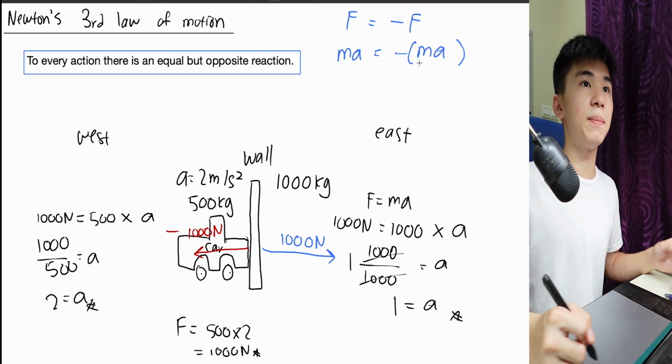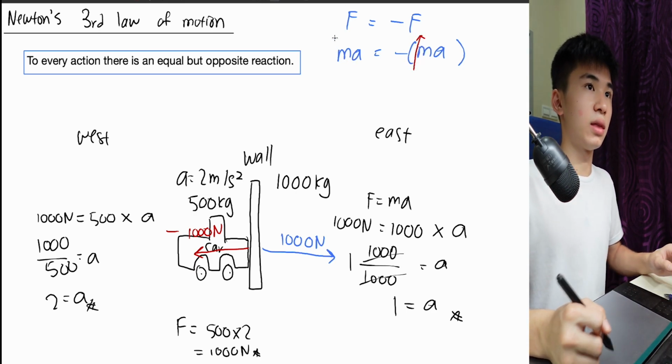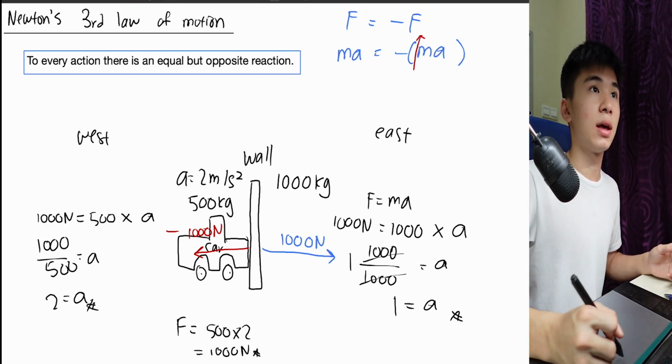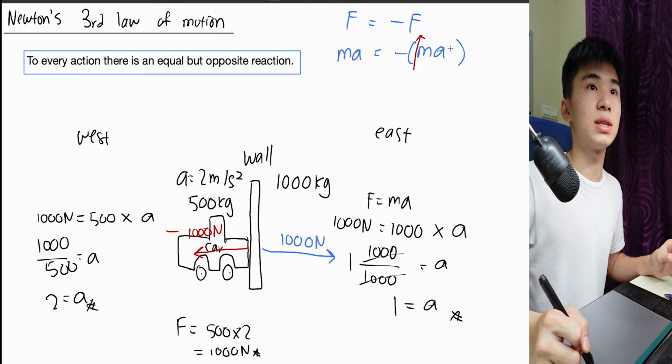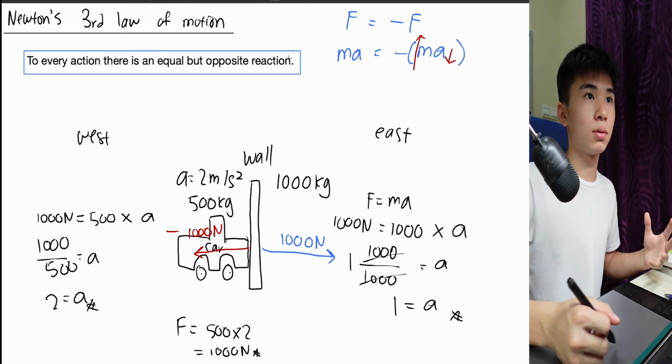In this case, the mass of this wall is greater than the mass of this car, which means that we have greater mass, and at the same time, we must have lesser acceleration to make it equal.